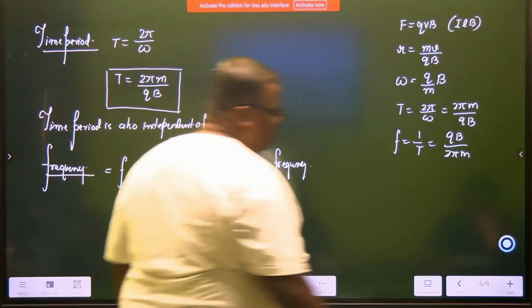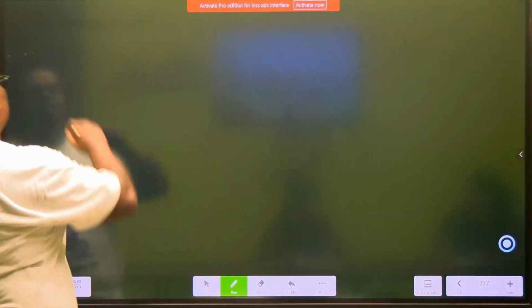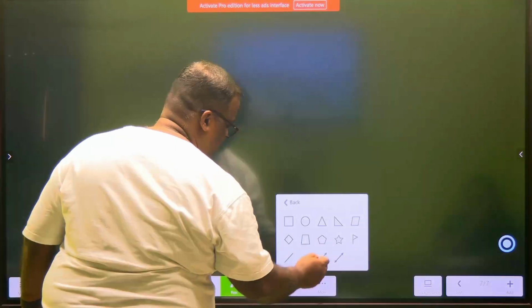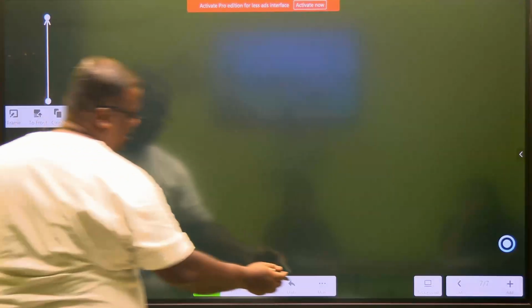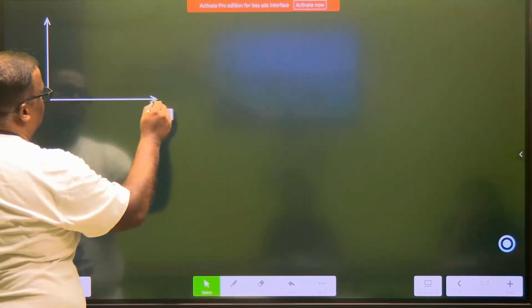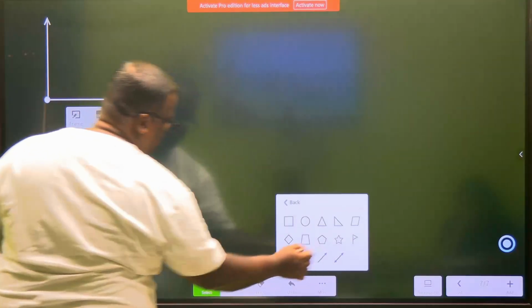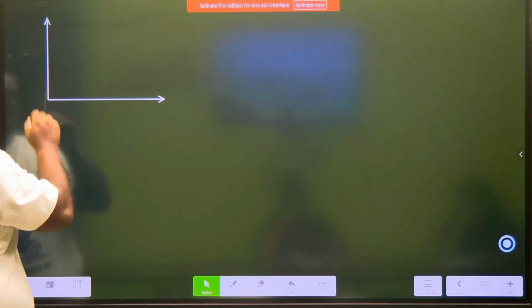Now our next part is, we can think of it like this. See, let's say there are 3 axes, right? Just for your understanding purpose. So till now you studied what?